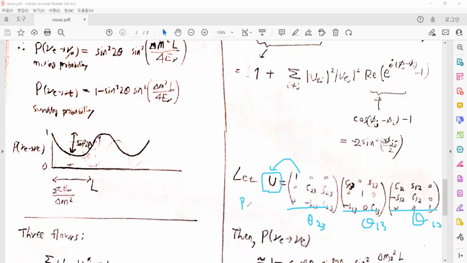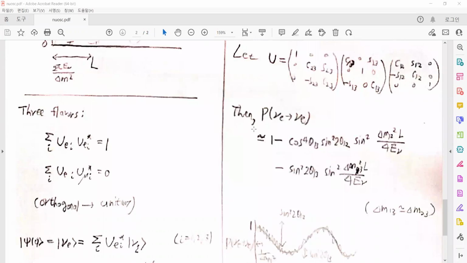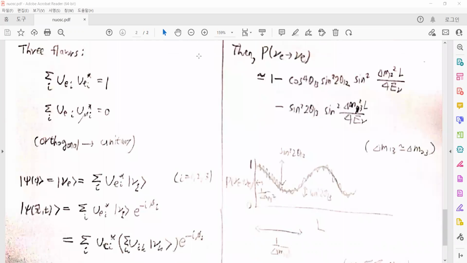It is the so-called PMNS matrix. So if we insert such mixing matrix components from here, and sum them up, then we can obtain the mixing probability in terms of the mixing angles and the mass squared differences. That is the final result.